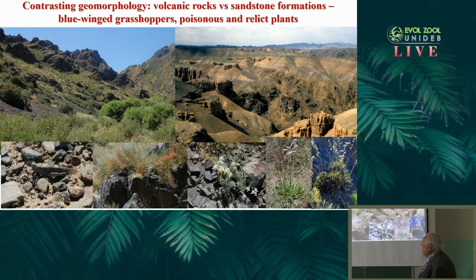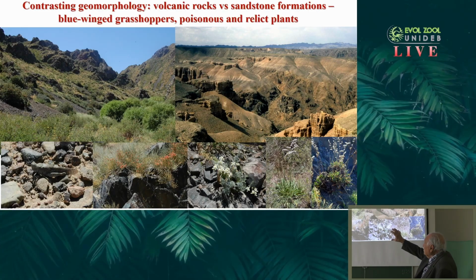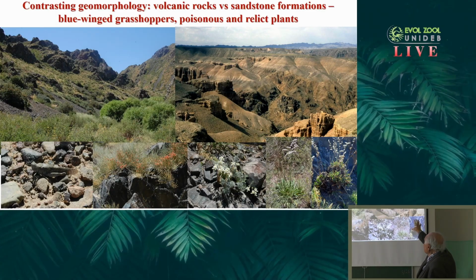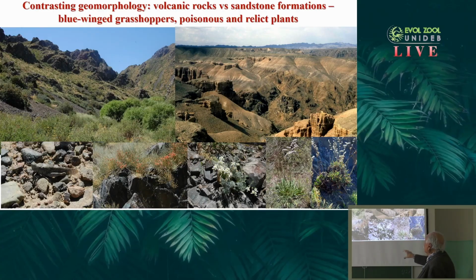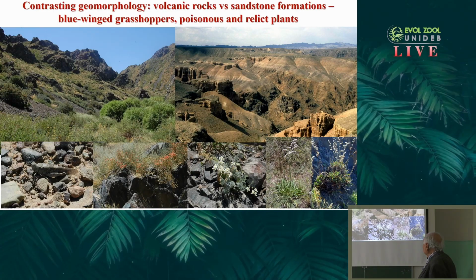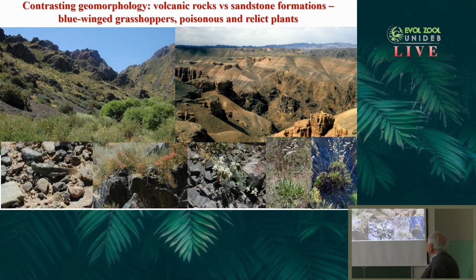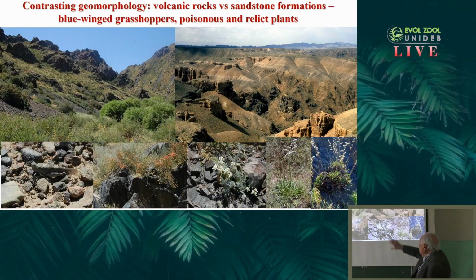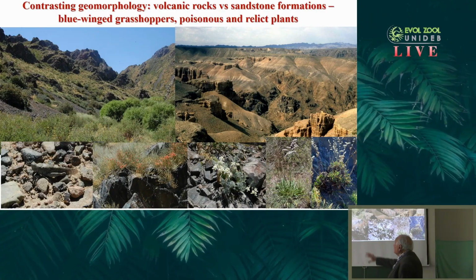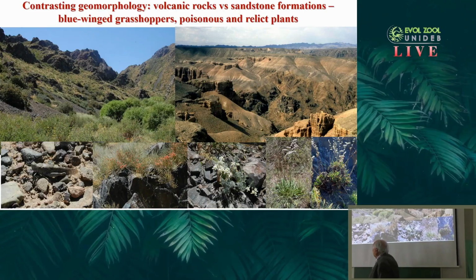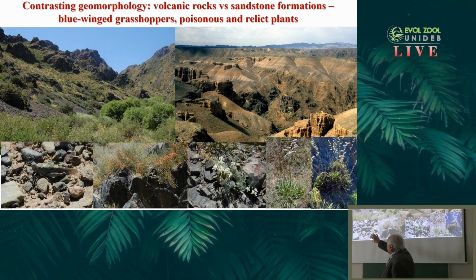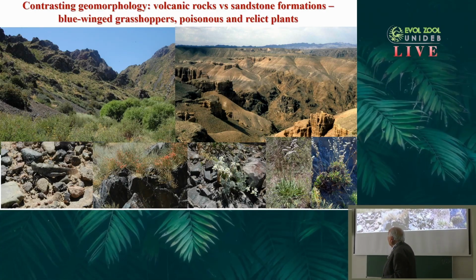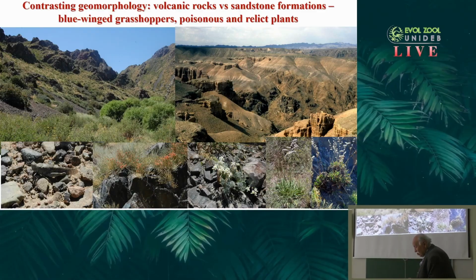Volcanic rocks, rich in metals, and mostly sandstones, deeply eroded like the Grand Canyon in North America, with very interesting endemic plants from the groups of Plumbaginaceae and Caryophyllaceae, and these areas are also very rich in different grasshoppers with colored hind wings, reddish or bluish.